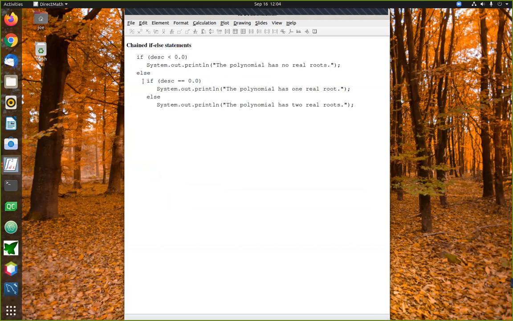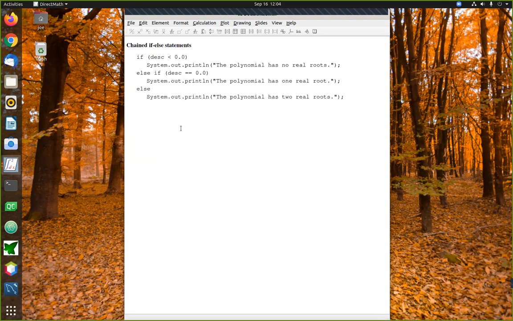All right, now, because this is a situation where we're putting one if-else inside another, this leads to a scenario that shows up pretty commonly in programming. And because this scenario shows up pretty commonly, what programmers will sometimes do is they're going to change the formatting of this in a very slight way and write it this way instead.